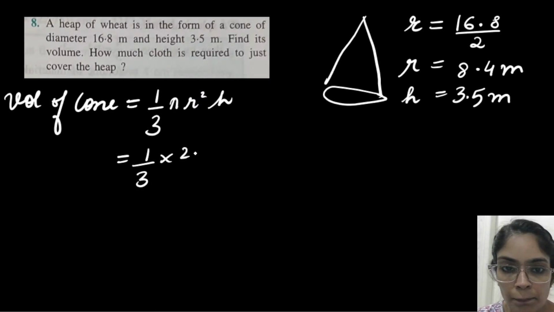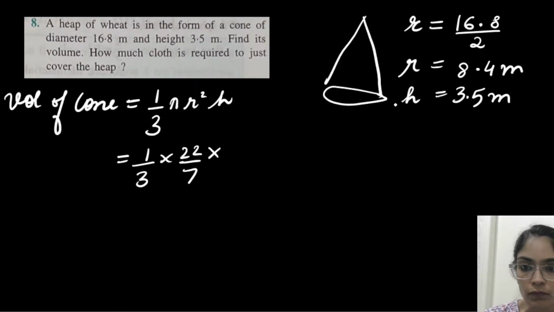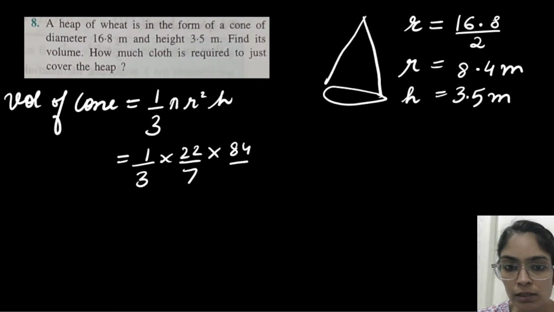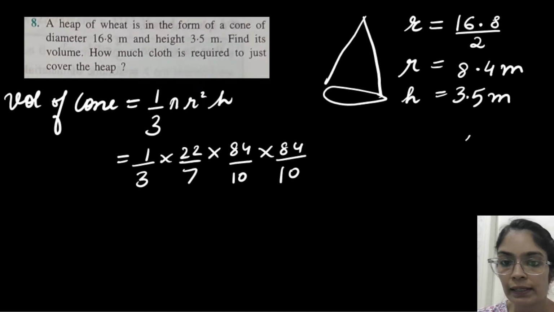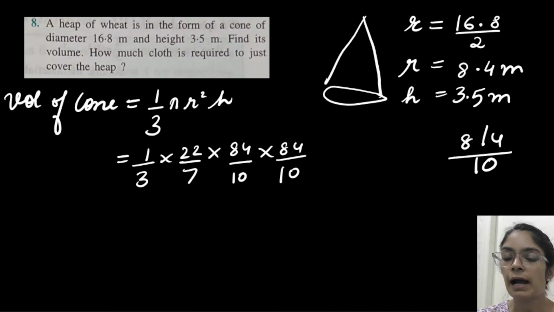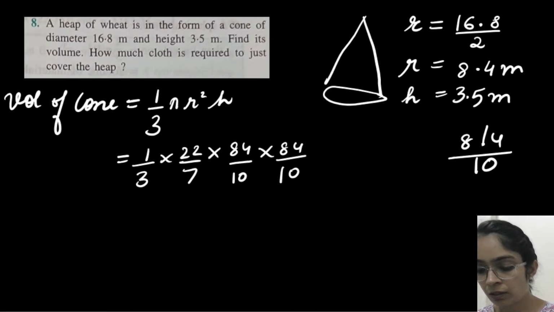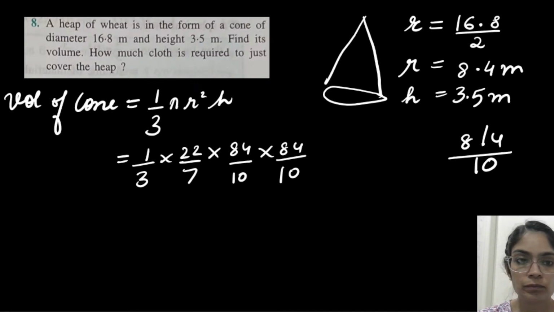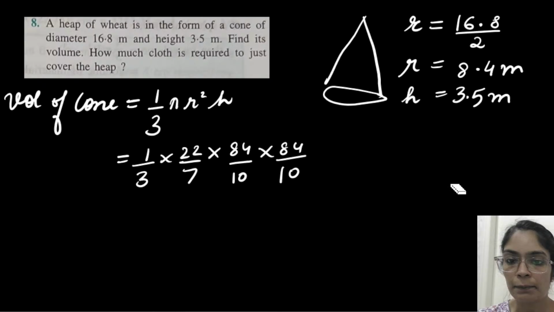So I am just applying the volume formula. 1/3, pi's value 22/7, r square. R is 8.4. I am removing the decimal, writing as 84/10 and 84/10. See, when I remove the decimal from 8.4, 10 will come in the denominator. So that's why I am writing 84/10. So 1/3 pi r square h.